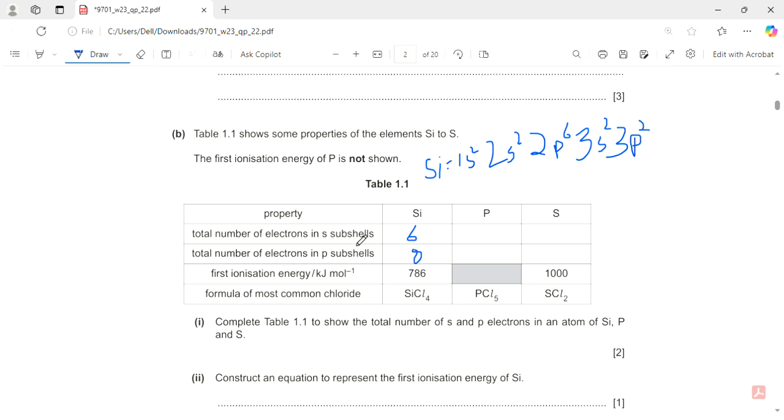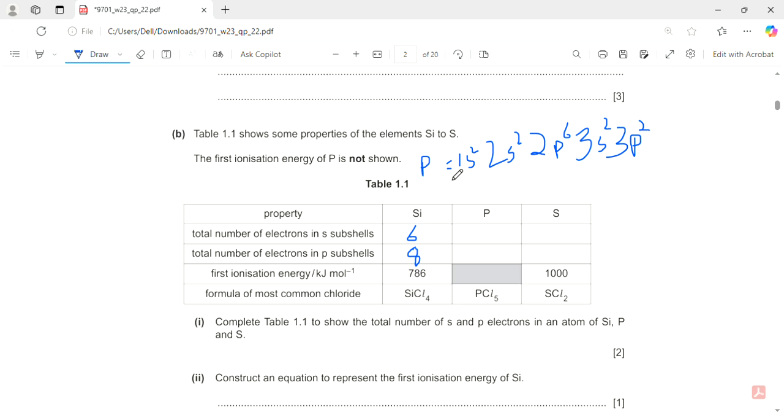What about phosphorus? How many electrons are there in phosphorus? 15.